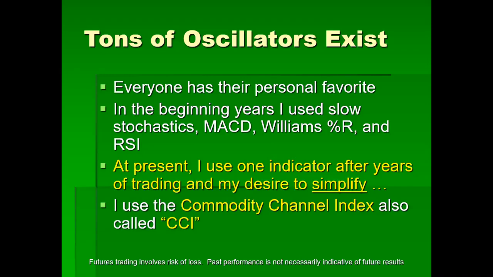Tons of oscillators exist, and I mean hundreds. You can't use all of them. In the beginning years, as a position trader, I used slow stochastics, MACD, Williams percent R, and RSI, and I probably had the Bollinger Bands on there.